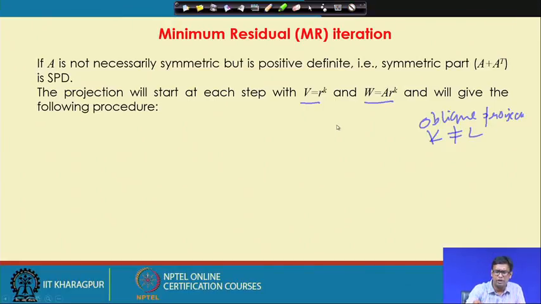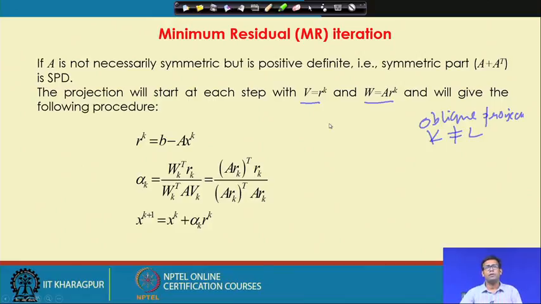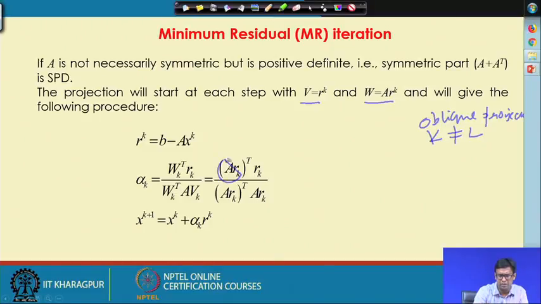We end up with the following procedure: R k is equal to b minus A x k, and alpha k is equal to W k transpose R k over W k transpose A V k, where W is replaced by A R k and V is replaced by R k.